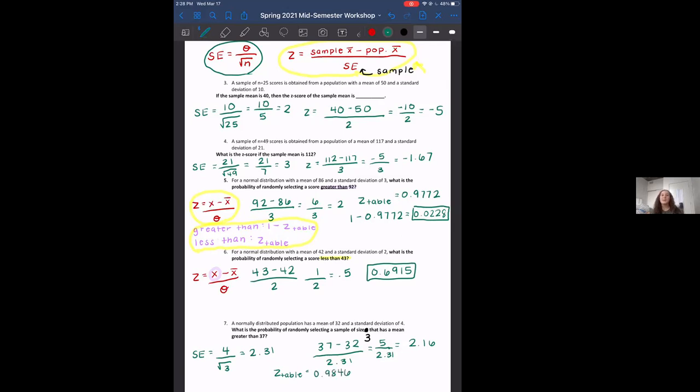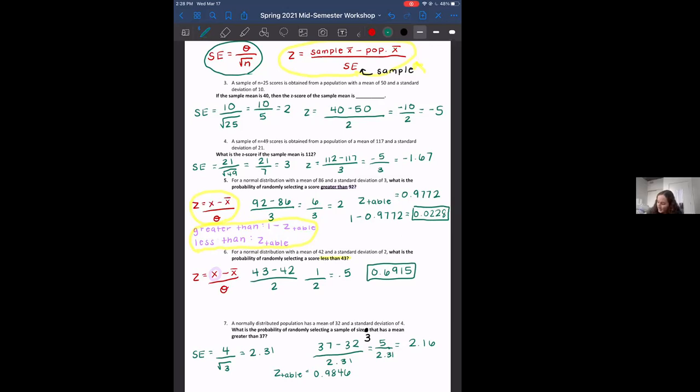Okay, so is that our answer, or do we need to do something to it? Do we need to do 1 minus that? Or is that our answer? Since it's asking for something that's greater, we would subtract it.